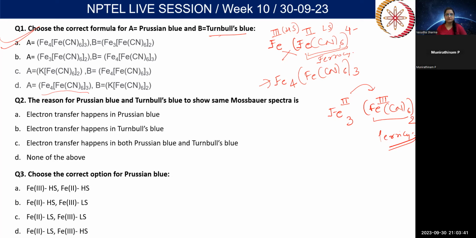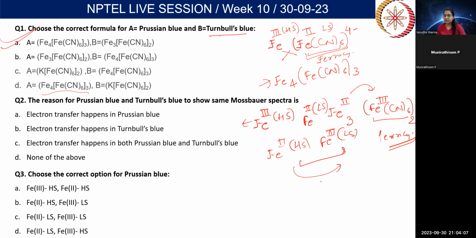Electron transfer happens in both Prussian blue and Turnbull's blue. No. Actually, see, we know that the Mossbauer spectra says that outside is the high spin iron and inside is the low spin iron. So in case of Prussian blue, it's fine. But in case of Turnbull's blue, it is opposite. So only in case of Turnbull's blue does the electron transfer happen, when it goes from iron 2 to +3.